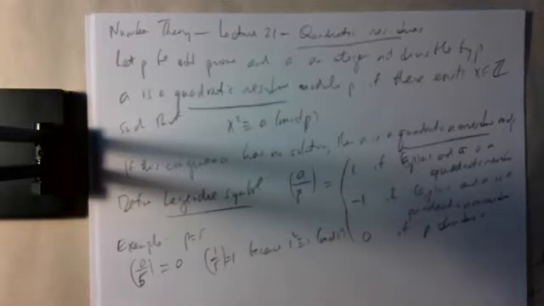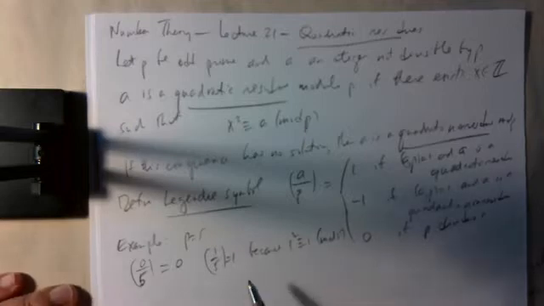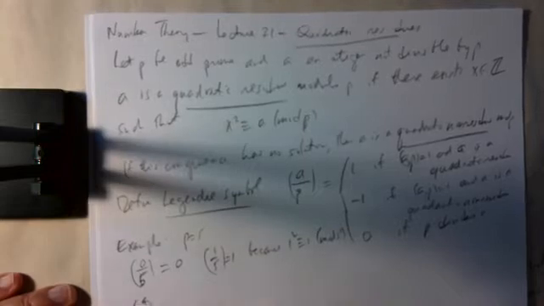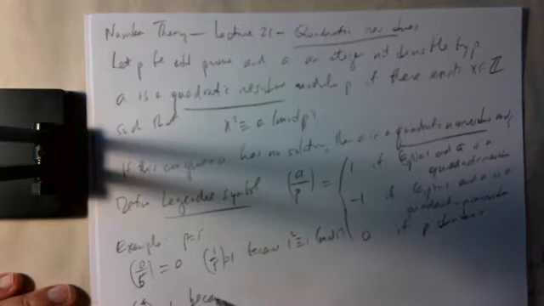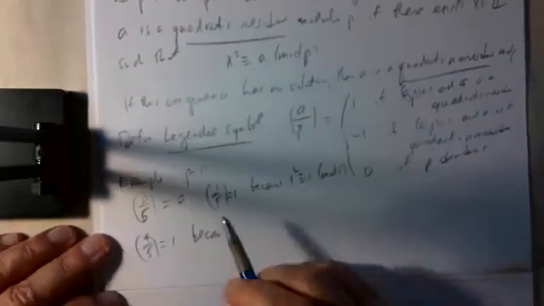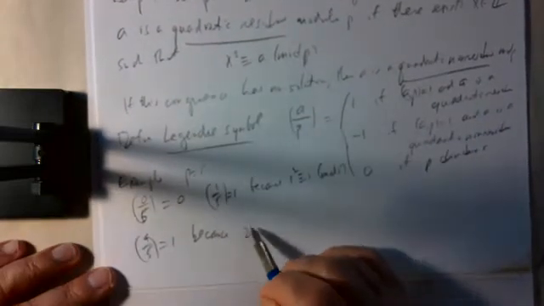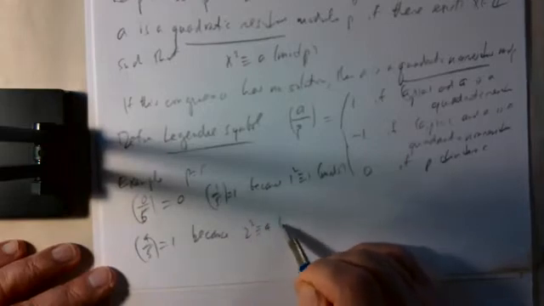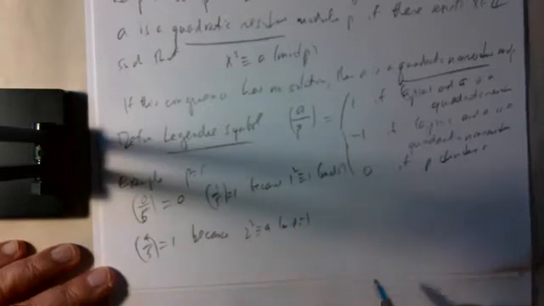So 1 has a square root. Similarly, the Legendre symbol 4 over 5 is 1 because 2 squared is congruent to 4 mod 5.